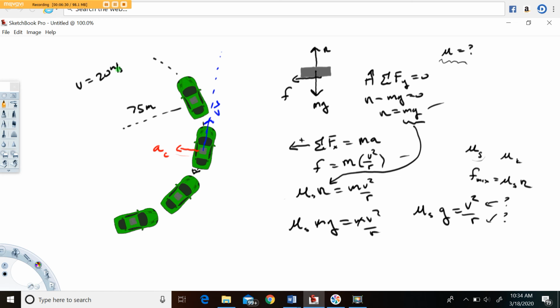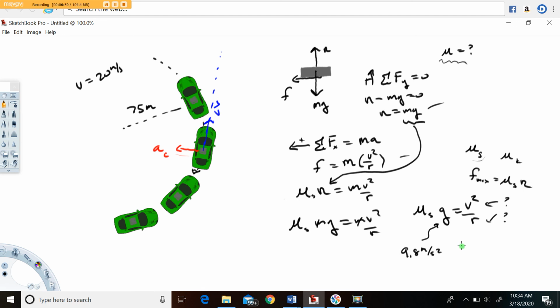I'm completely making up values. The rest of this problem will be just putting in numerical values here, here, and solving for mu sub s. Our gravitational acceleration at the surface of the Earth is 9.8 meters per second squared. That's not important enough for me to worry about right now, and I don't have a calculator handy anyway.